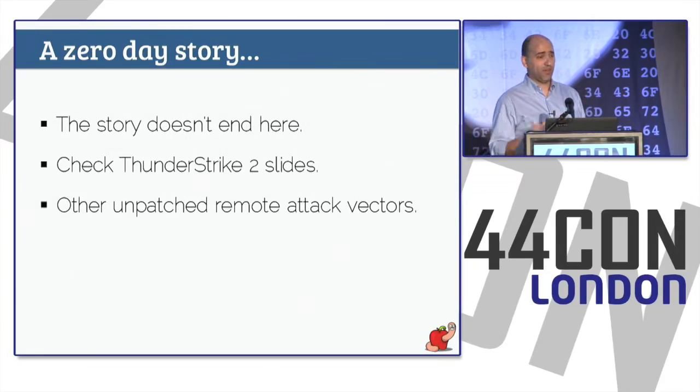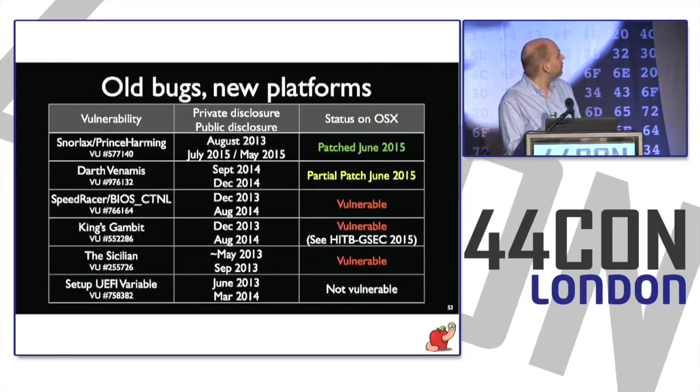Apple just patched one or two of the bugs. The Thunderstrike 2 guys presented a few more bugs. You have these nice slides, so they patched this one. They also patched parts of the S3 script, because they didn't fully patch everything that is required. But they still have other vulnerabilities in EFI-related stuff.